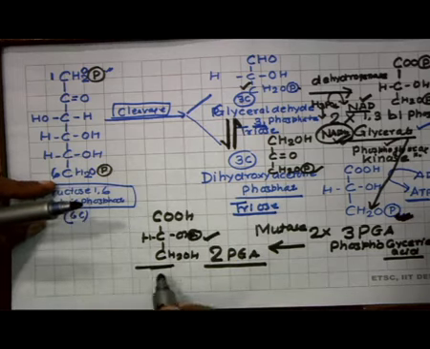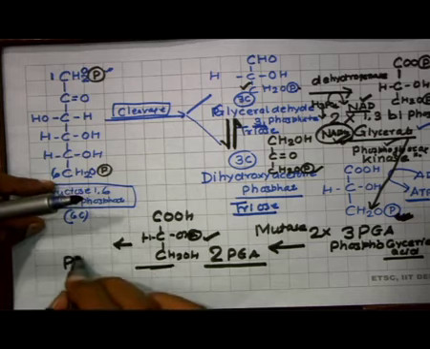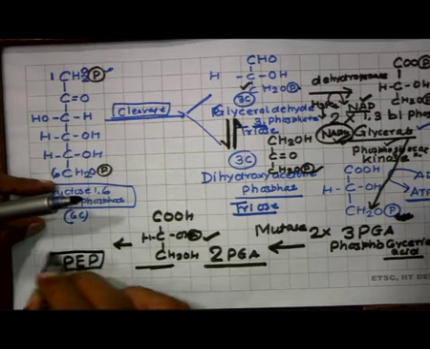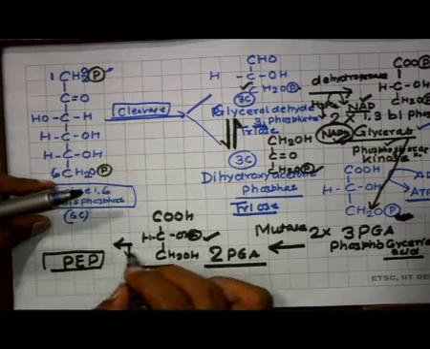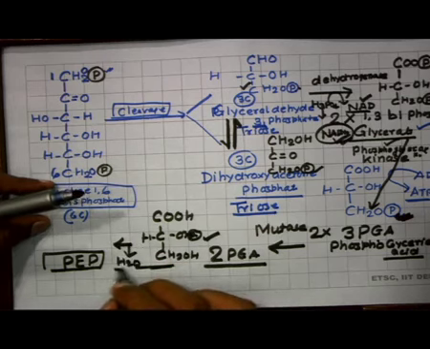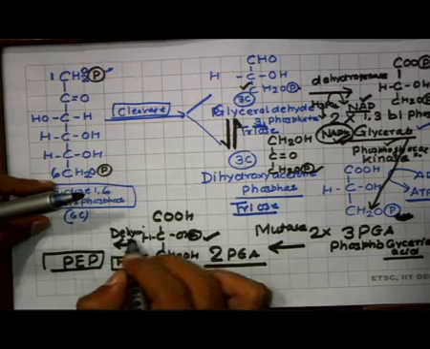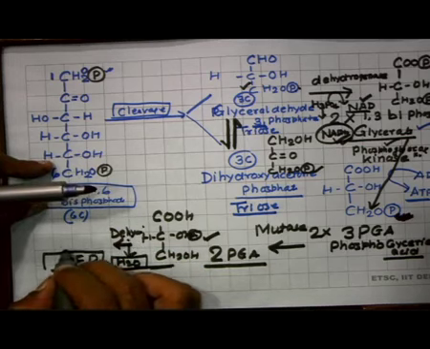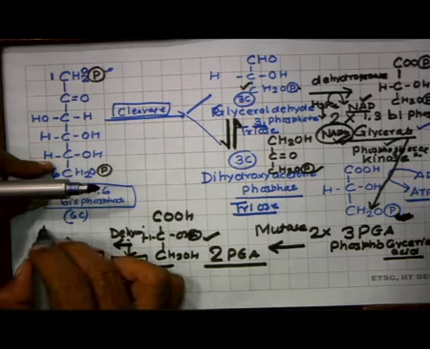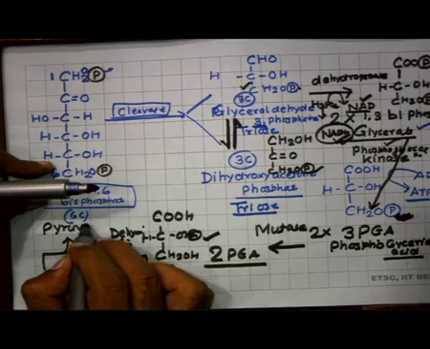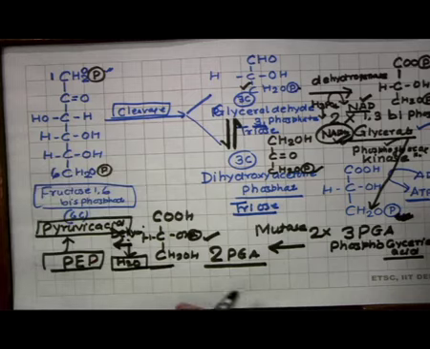This 2 PGA is now converted into PEP, phosphoenol pyruvate. In this reaction, a water molecule is released, so the process of dehydration takes place, and PEP is finally converted into pyruvic acid, which is the end product of glycolysis.